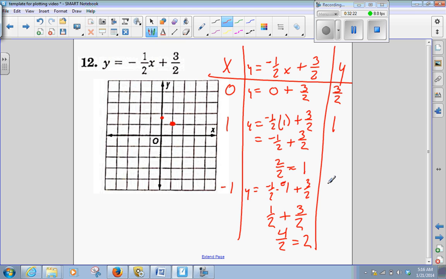So x is negative 1, y is a 2. So I should go over to the left 1 this time because it's a negative 1. Up 2. You can see they form a straight line. So I've probably done it correctly.